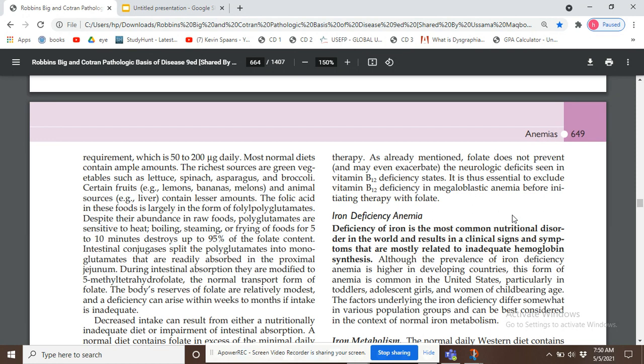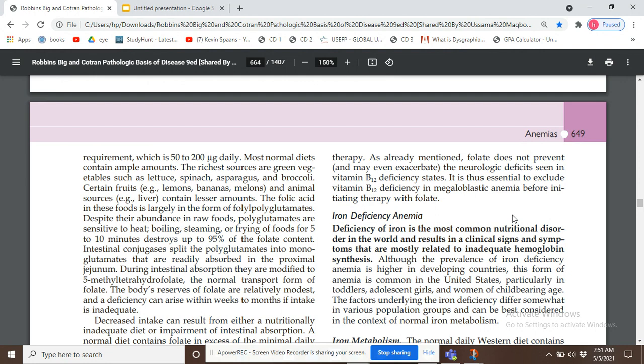It can be due to dietary lack of iron, or due to defective absorption of iron, or due to excessive loss of iron from the body. There are multiple causes of iron deficiency anemia.